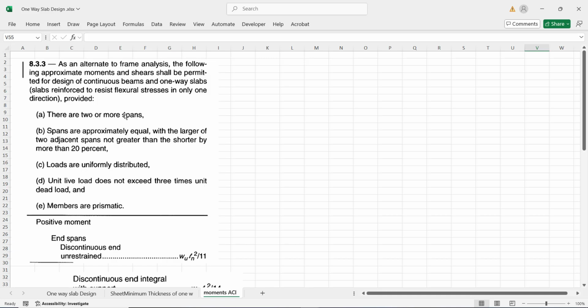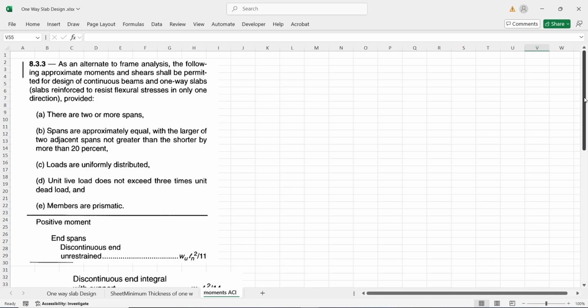The spans are approximately equal, with the larger of two adjacent spans not greater than the shorter by more than 20%. The loads are uniformly distributed. The unit live load does not exceed 3 times the unit dead load, and the members are prismatic.